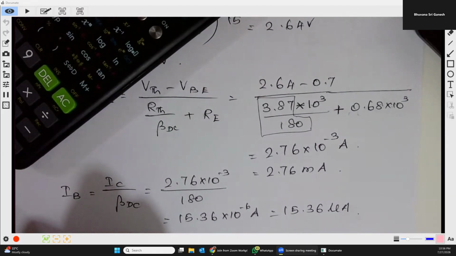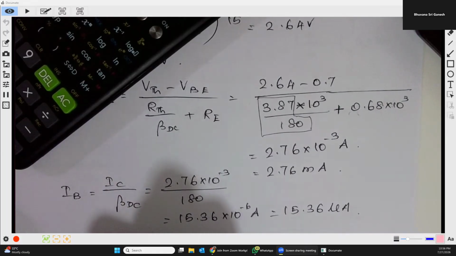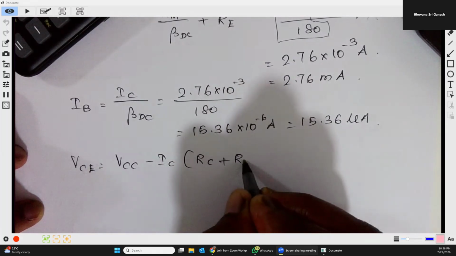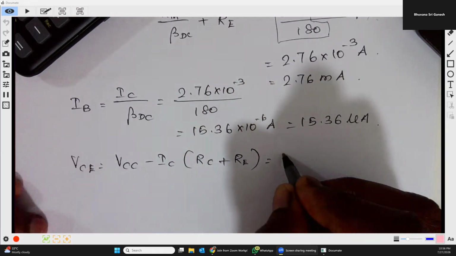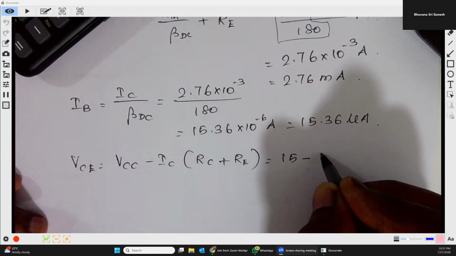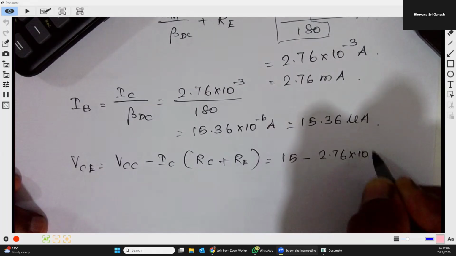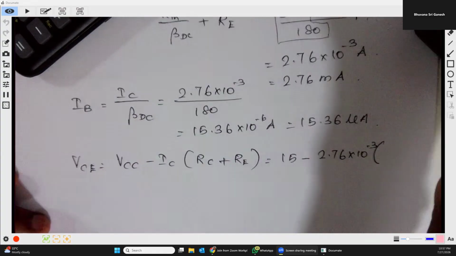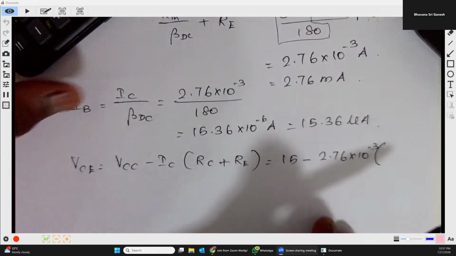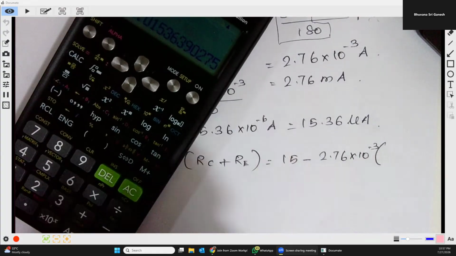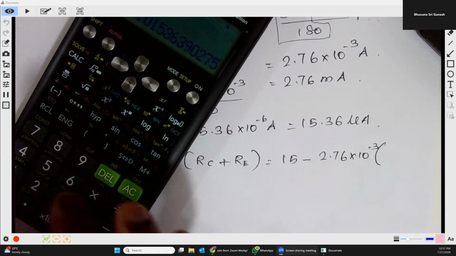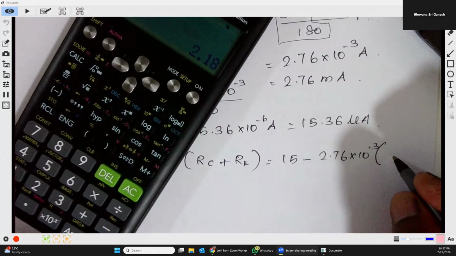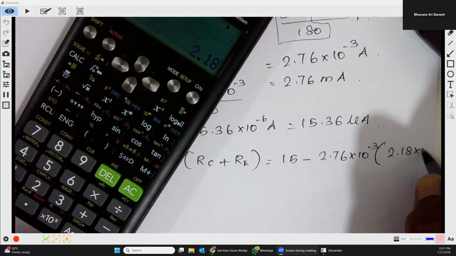Next is VCE. VCE equals VCC minus IC times RC plus RE. This is equal to 15, which is VCC, minus the value of IC, 2.76 times 10 power negative 3, times RC plus RE. RC is 1.5 and RE is 680, so 1.5 kilo plus 0.68 kilo equals 2.18 kilo, so 2.18 times 10 power positive 3.